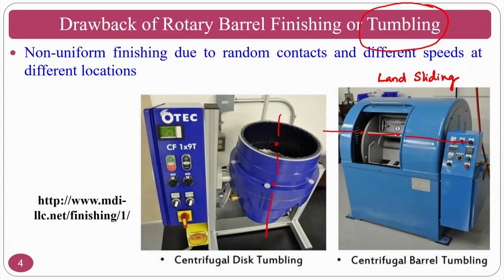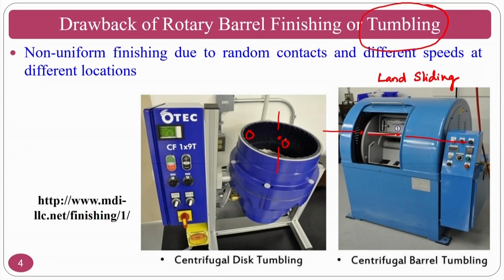But if you see the basic drawback of this particular process, I will explain in the vertical process. Assume that one implant is here, about this axis, and another implant is here. The abrasive particles are assumed to be uniformly distributed.